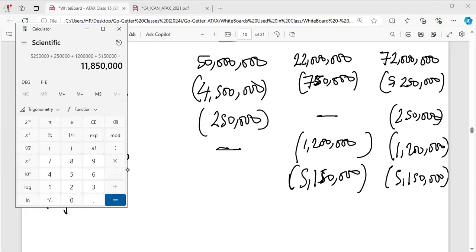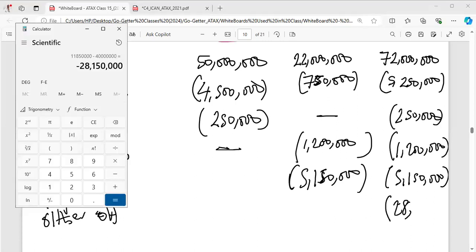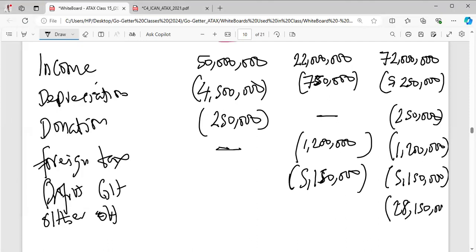So let's find the difference. 40 million minus that is 28,150. Other overhead, 28,150, so it will be in Nigeria.